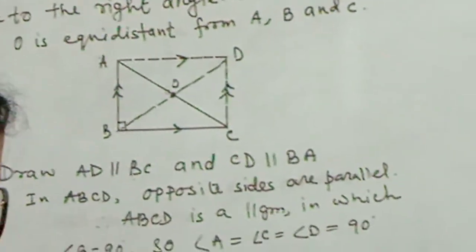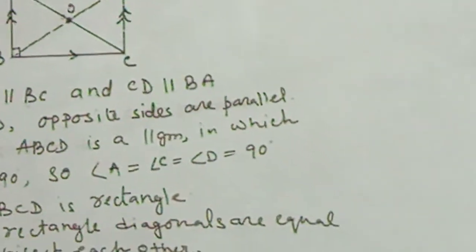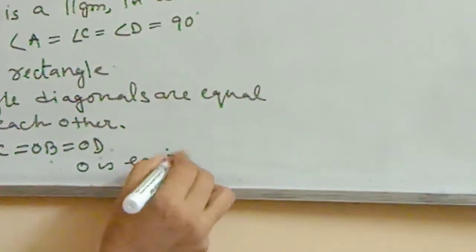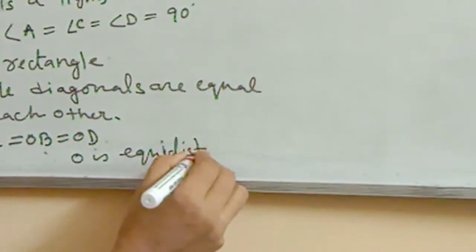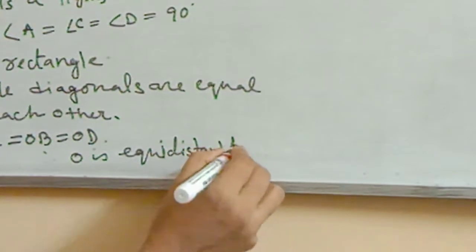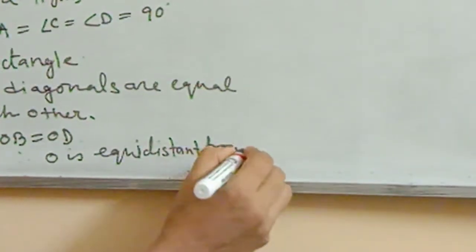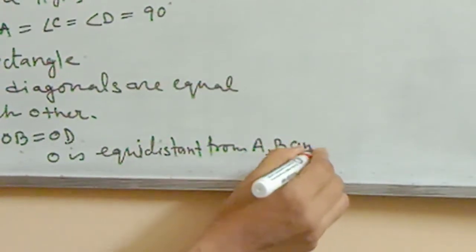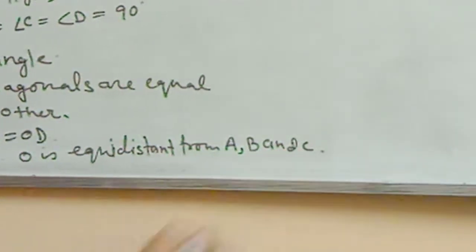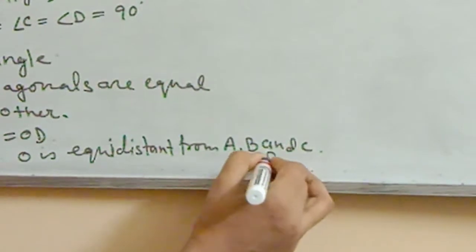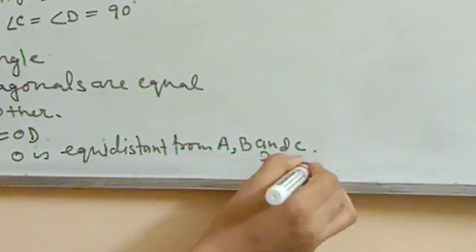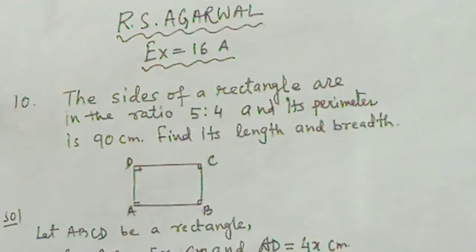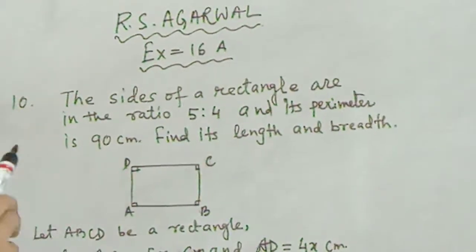Therefore O is equidistant from A, B and C. Understood?